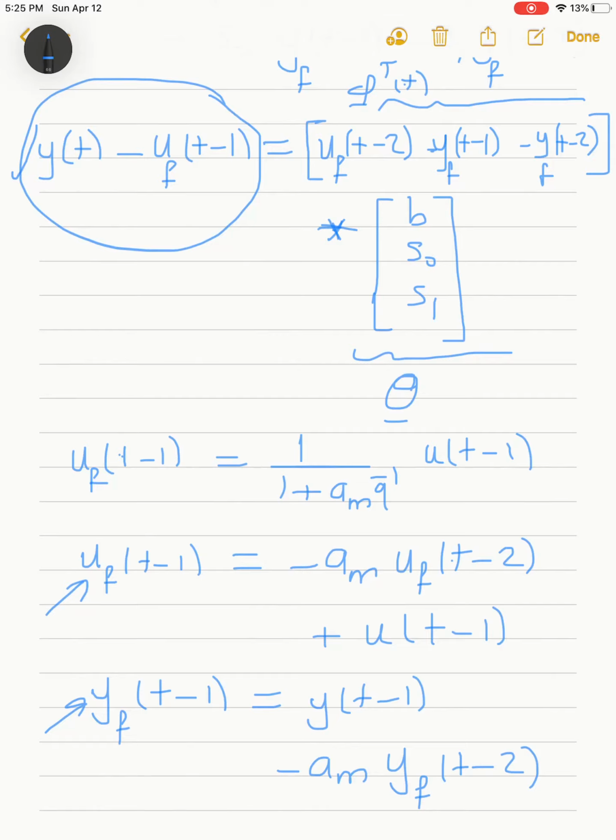So again we can multiply both sides of the equation by q to the minus 1 to get an expression for u of t in terms of the previous values of the other signals.